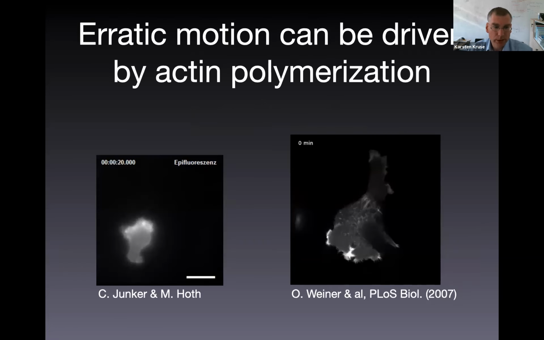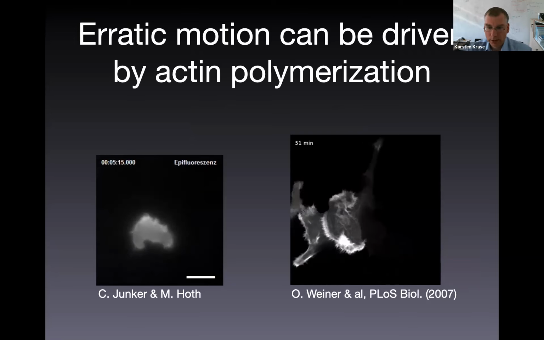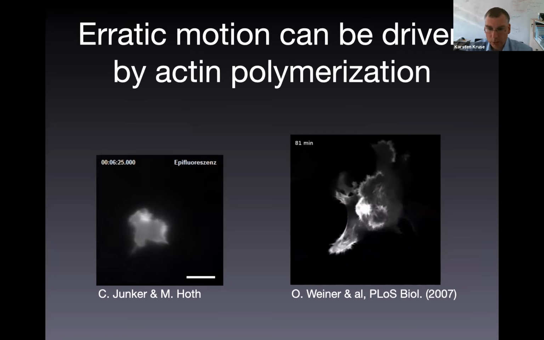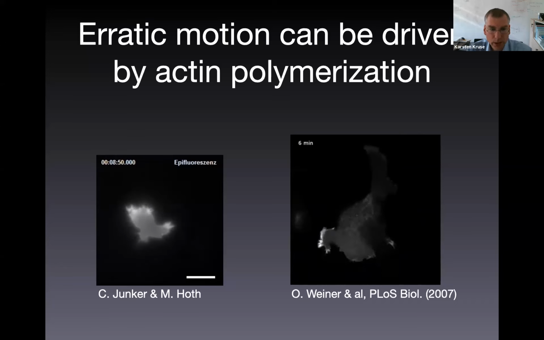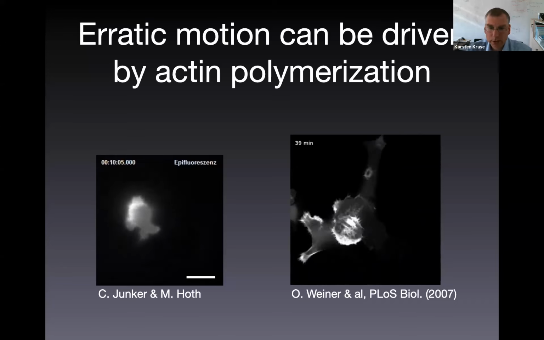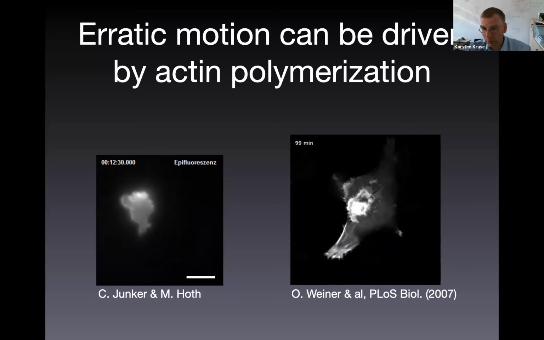At least in many cells, here I show you again an example of a T cell and a human neutrophil. There you see that the actin is polymerizing mostly there where you see these bright spots or these bright regions. And these bright regions, in these cases, they correspond nicely to the membrane, to the boundary of the cell.